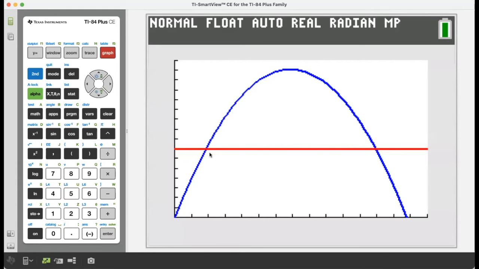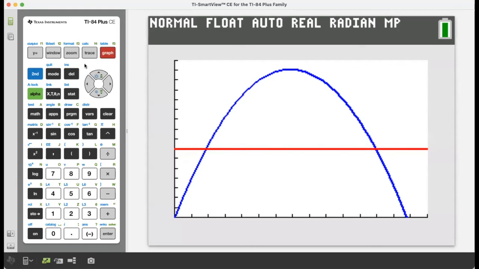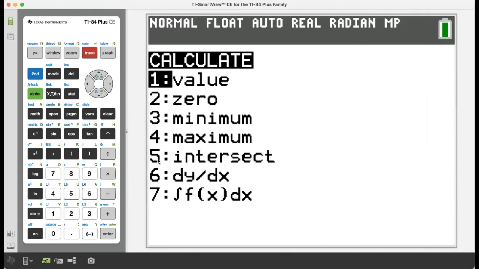So now we want to calculate what the values of x are, because it wants to know when it's 350 feet above the ground. So we go to our calculate functions, which is above the trace key. I press second, that gets me to the blue functions, trace. And I want the intersection point, so I want 5.